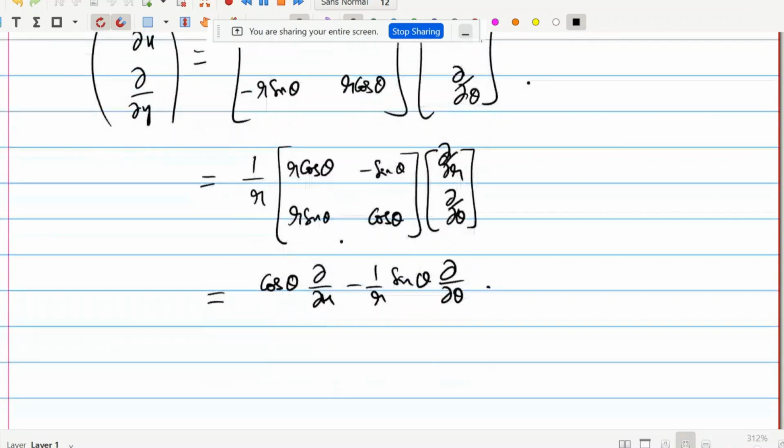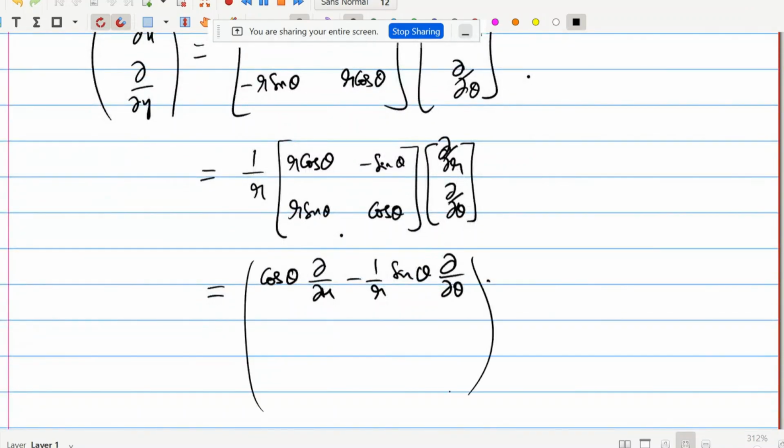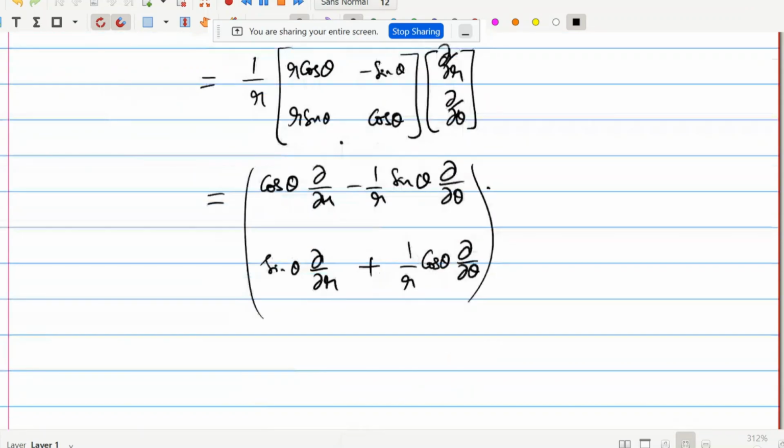So this is one. And what is the other one? You simply get sin θ ∂/∂r, and here plus 1 by r cos θ ∂/∂θ. These two you substitute in ∂²f/∂x² plus ∂²f/∂y². You apply ∂/∂x twice and write this one.